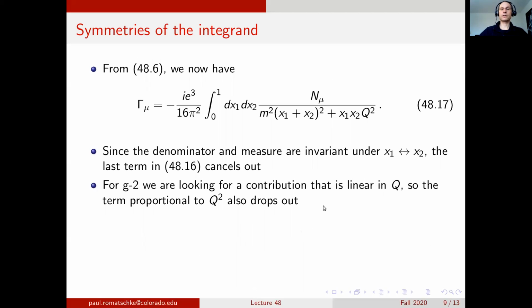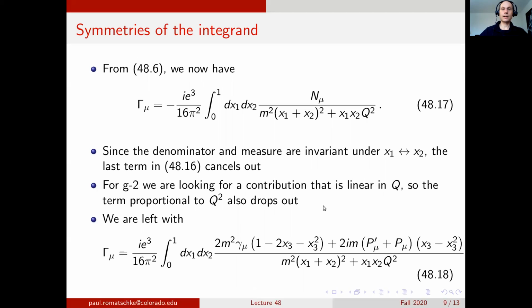So we can also neglect this contribution. And what we have left is now the following contribution for the vertex here. That is a contribution that's proportional to gamma, and a contribution that is just P prime plus P, and this x3 here, which really just means 1 minus x1 minus x2.